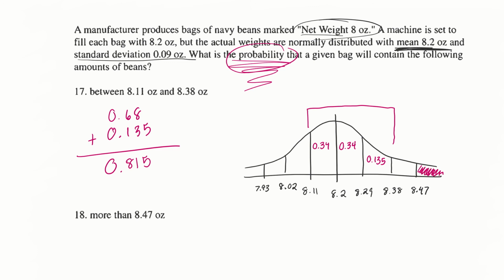And if you recall, that's going to be 0.15% or 0.0015. So there are not going to be a lot of bags that have more than 8.47 ounces, which makes sense. If they're trying to regulate it, they don't want to be giving anybody a ton of extra beans.